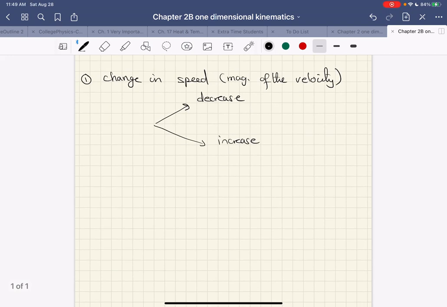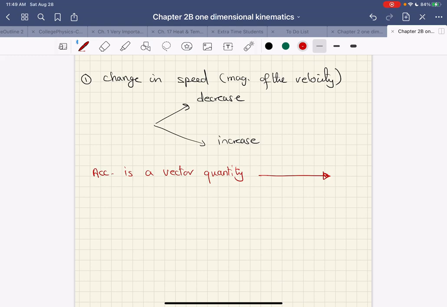Something that I want you to know also, that acceleration is a vector quantity. What does that mean? That I can represent it as a vector like this.